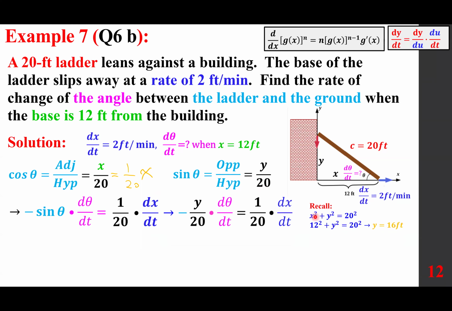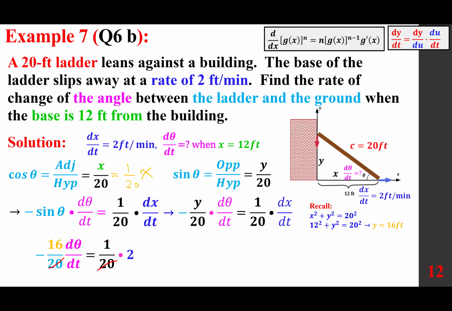I'm going to remind you that we used the Pythagorean theorem, x squared plus y squared equals 20 squared, 12 squared plus y squared equals 20 squared, and we ended up with y being 16. Therefore, I'm going to replace the y with the number we found, 16. Now, at this point, I hope you see that I can drop the 20 from both sides.